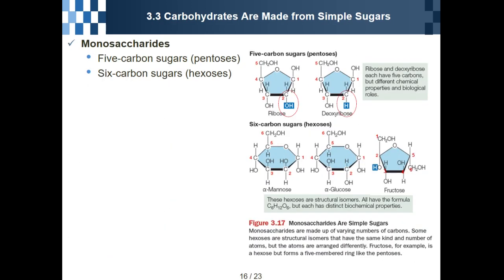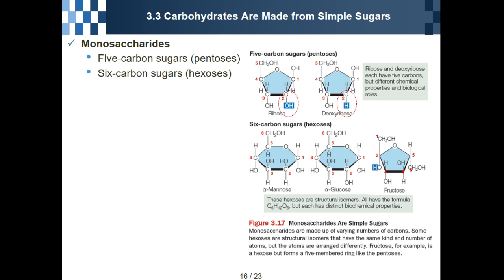Let me start from monosaccharide. Monosaccharide means one. Usually if they have 5 carbons, we call it a 5-carbon sugar, for example, ribose.